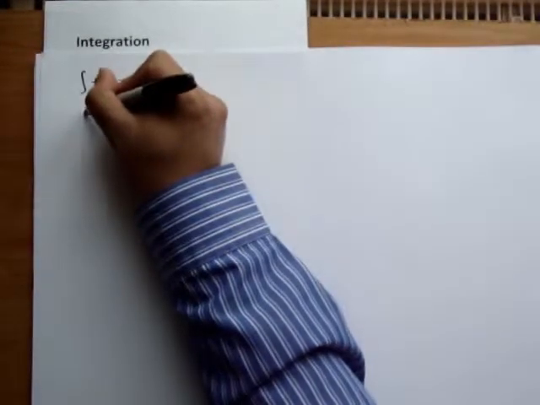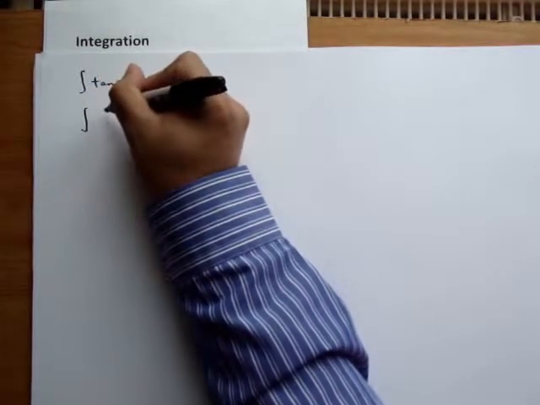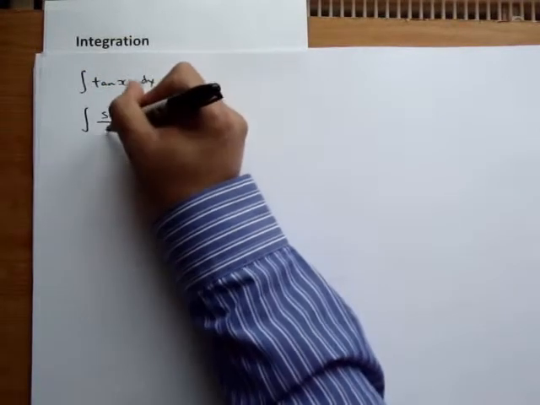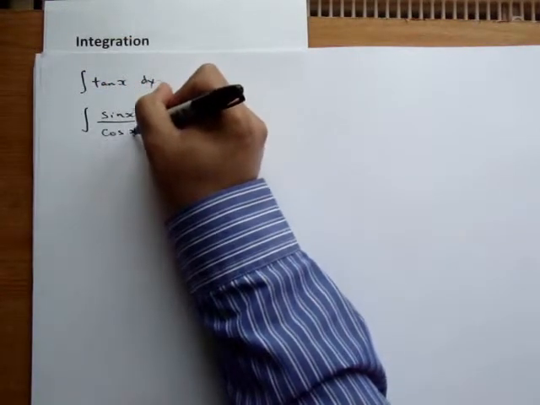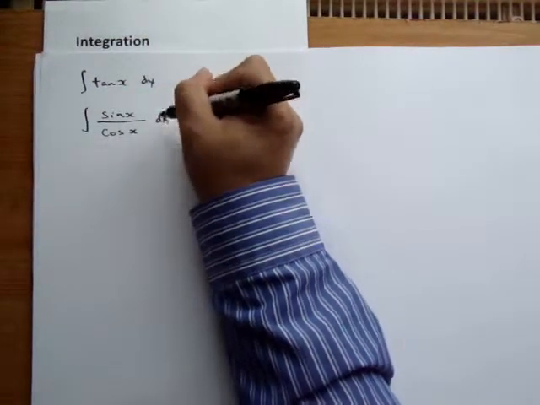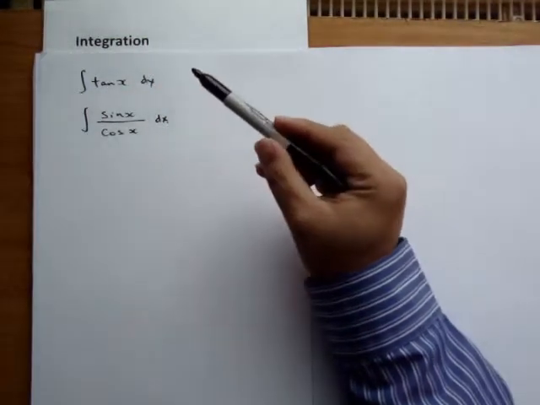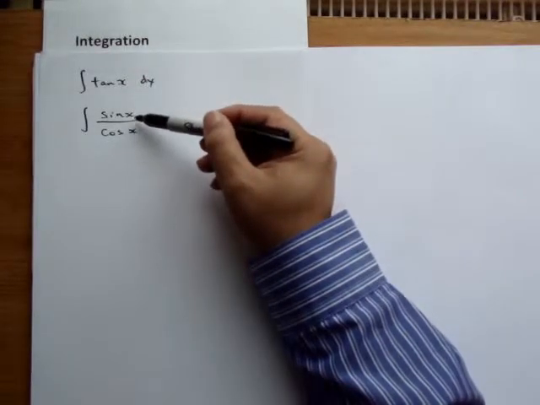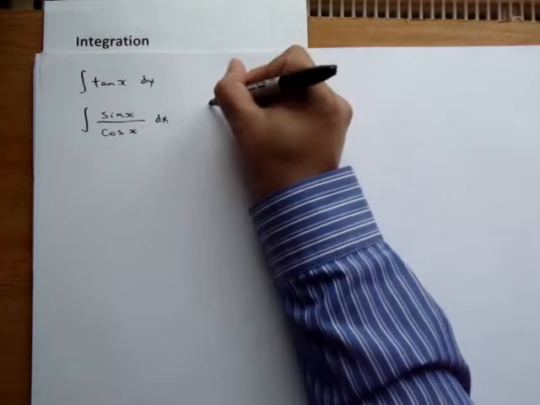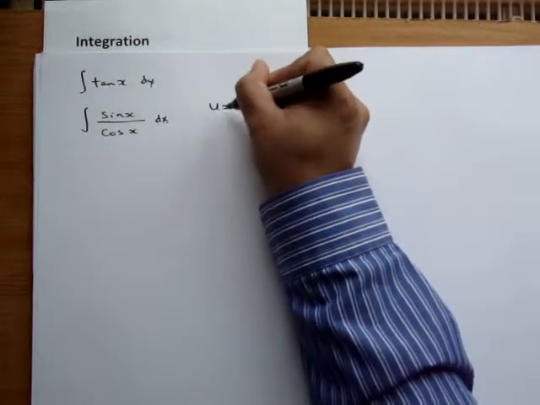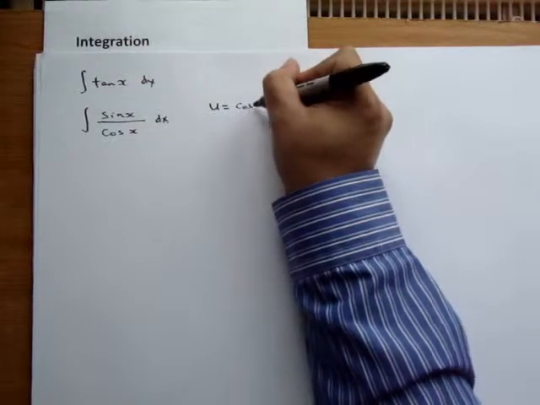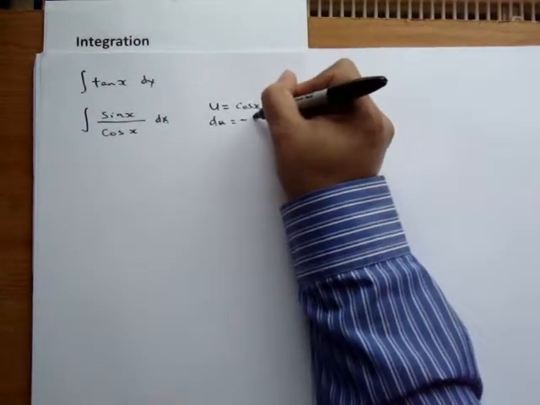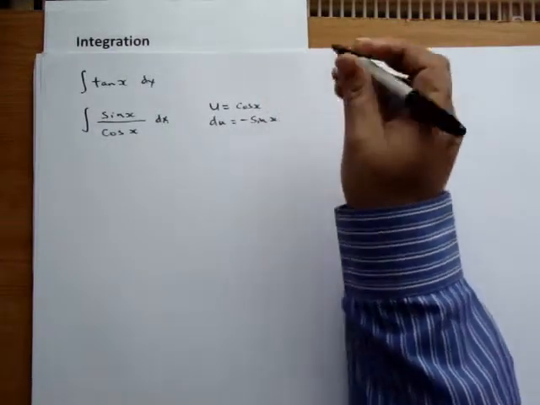If we make this into cosines and sines, this is sin x over cos x dx. Now if we want to do u substitution, we put u equals cos x, and then du will equal minus sin x dx.